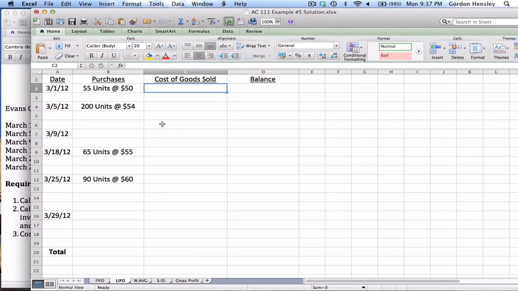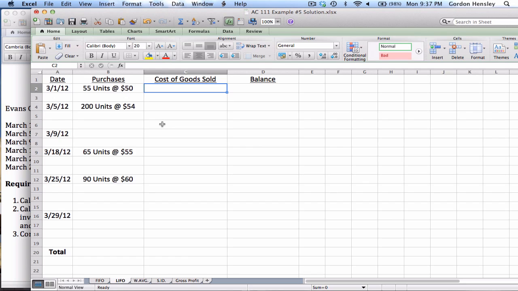I'm going to peel the layers off from the bottom first. So it's a little bit different and I'll get a little bit different answer. Now one thing I've done here is I've left some of the same information because the purchases aren't going to change. In fact, nothing's really going to be different on this version except really the cost of goods sold. That's what's going to change.